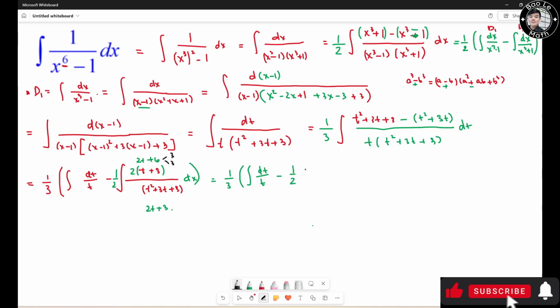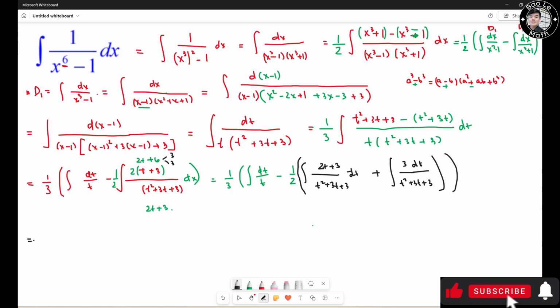So I just rewrite this as the integral of 2t plus 3 over t squared plus 3t plus 3 dt, and I'm going to add 3 over t squared plus 3t plus 3 dt, right? Don't forget the integral, and don't forget the whole parentheses right here.